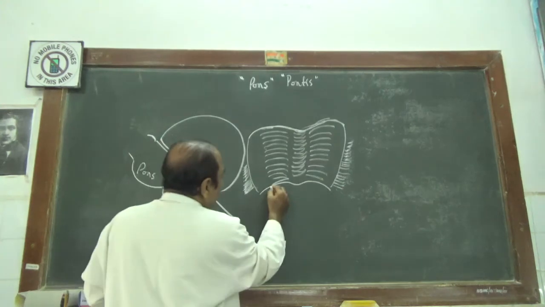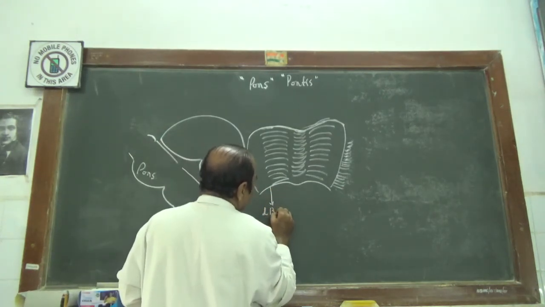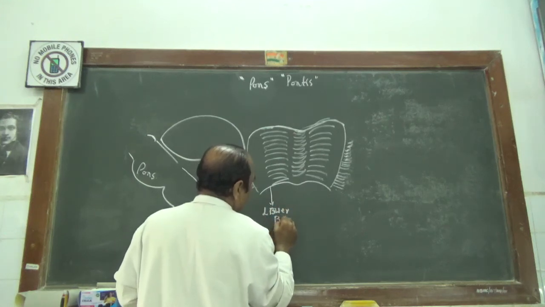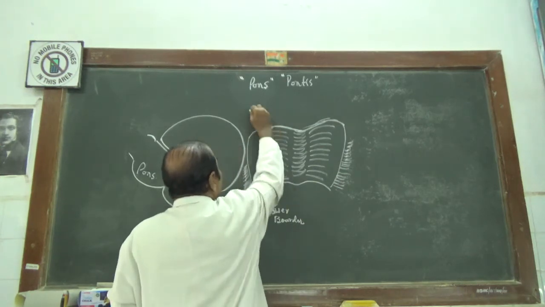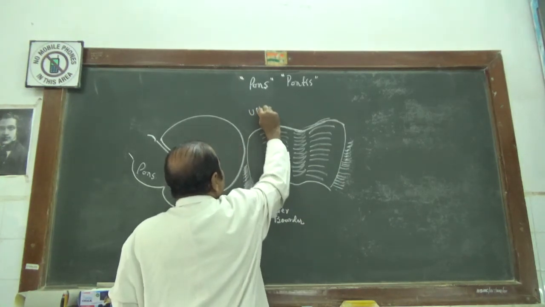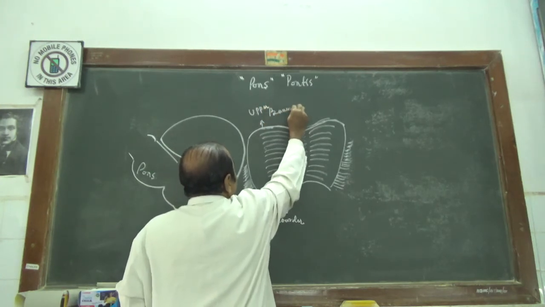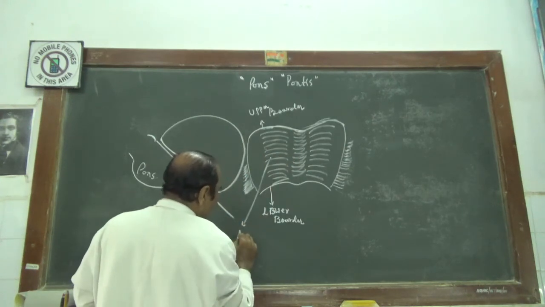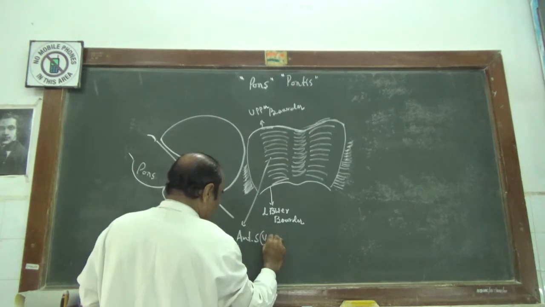Now what you will be seeing, this is the anterior surface or ventral surface.